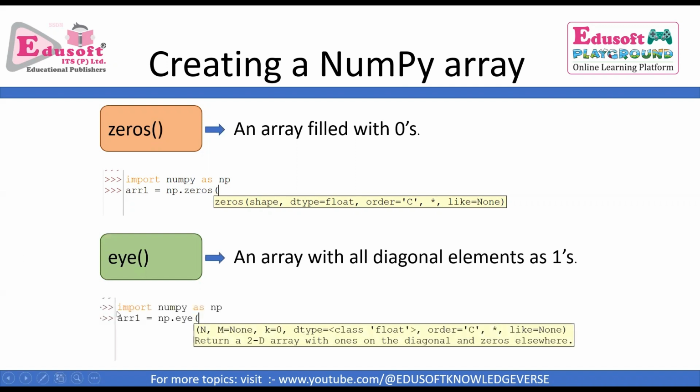You can see over here array1 equal to np.eye. Within eye, you can see the first argument as n, the second argument as m. It means you have to give the number of rows and the number of columns you want your array to have. So it will return a 2D array with ones on the diagonal and zeros elsewhere.